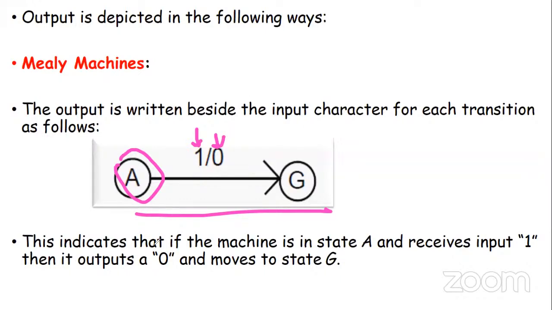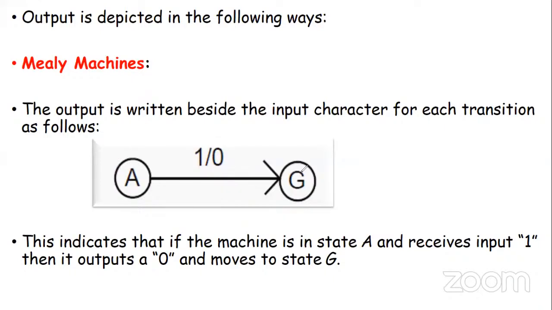This indicates that if the machine is in state A and receives input 1, then it outputs a 0 and moves to state G. So what we are saying is that for a Mealy machine, its output is dependent on the transition.